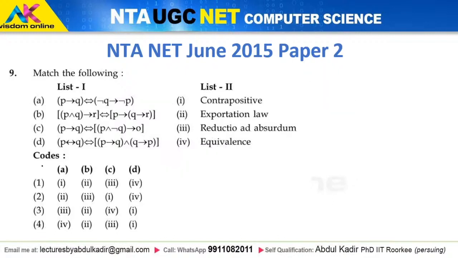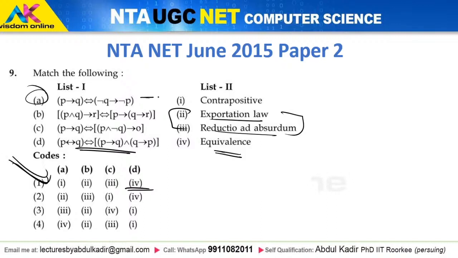You can very easily answer it. And of course, other things you can do. For example, this is equivalence. This D will go with 4th. All these other names, exportation and so on, I have never heard about them. But it is good that you can solve this question just by matching A with 1.